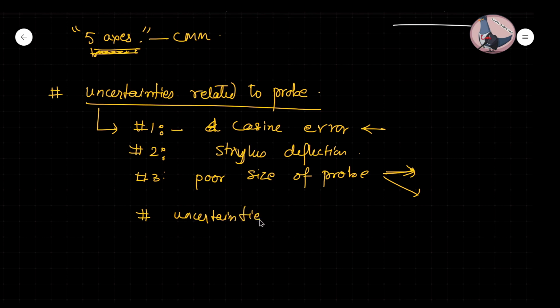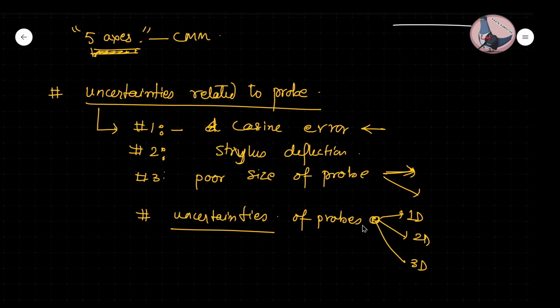And the final one today: there can be probe uncertainties in probing, classified into three things: 1D, 2D, and 3D. Now, this 2D and 3D is not the same as the 1D, 2D, 3D of coordinate geometry, and has nothing to do with dimensions; it is just classified like this.